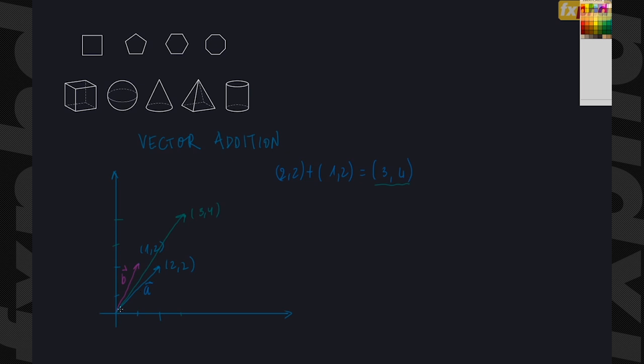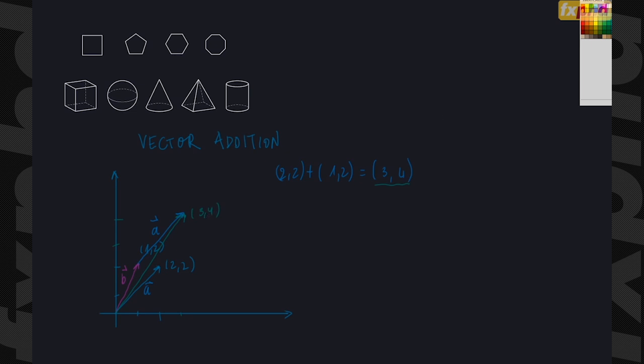That means I can take this vector, as long as the length and the direction stay the same, and put it on the head of vector B. So this is vector A2. And these 2 vectors together specify a location because they are a translation. And if I add them, I travel first along vector B to this location, and then along vector A to this location. And I end up at point 3, 4.